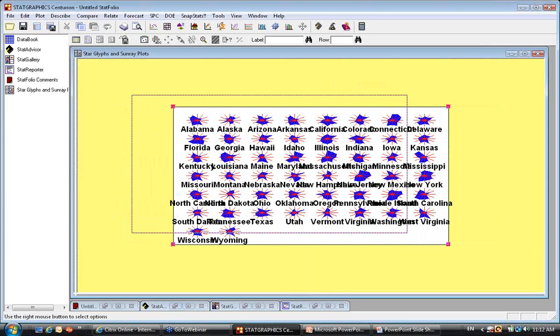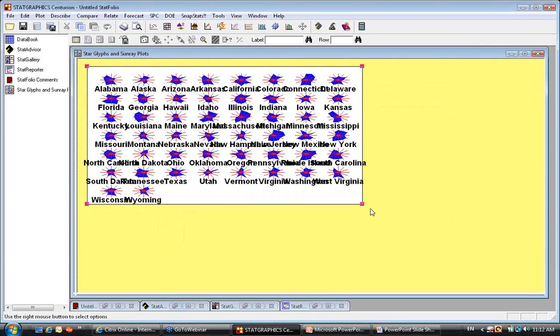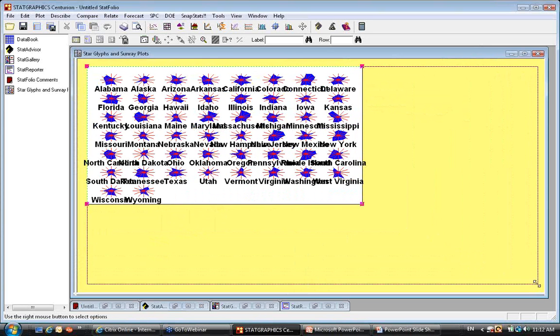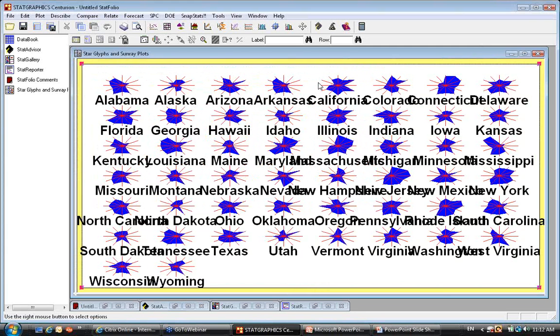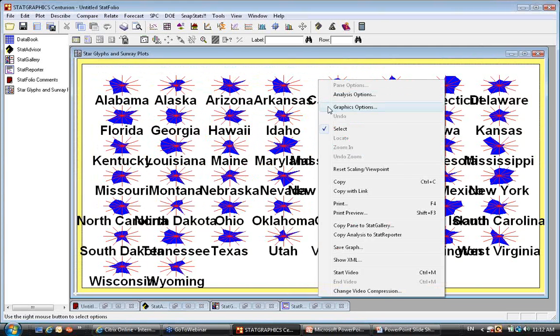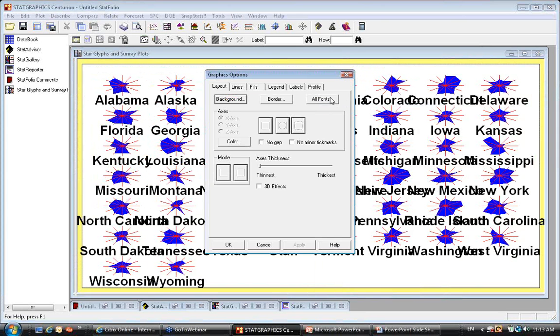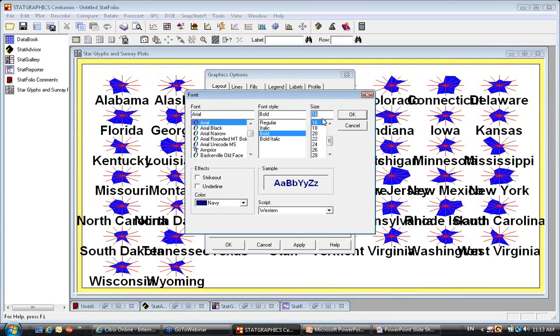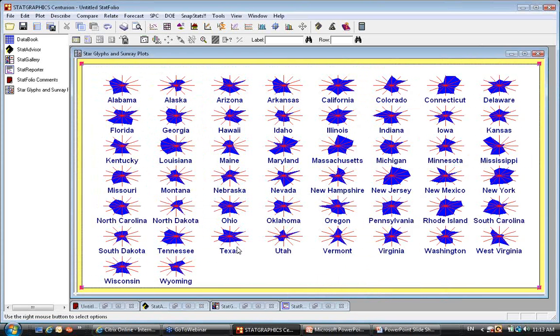Now, before I do anything else, I'm going to make this plot a little bit larger so it's easier for you to see. I'm also going to push the right mouse button, go to graphics options, and change the font size to 7, to make it a little bit more readable.